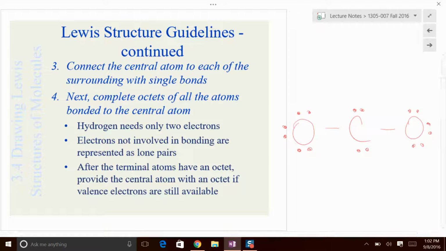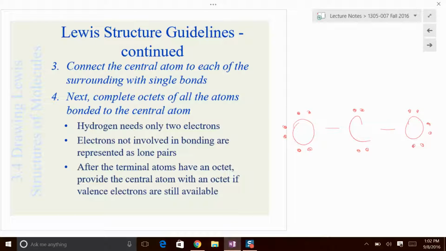Okay, so this is my starting point. That's how I start everything. I put all the atoms around the central element, and then I complete the octets on everything. 2, 4, 6, 8. 2, 4, 6, 8. Remember, these lines represent 2 electrons.